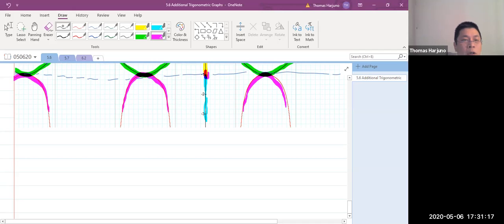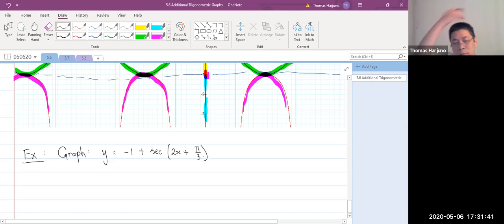Now suppose for example I want to graph y equals -1 plus secant of 2x plus pi over 3.